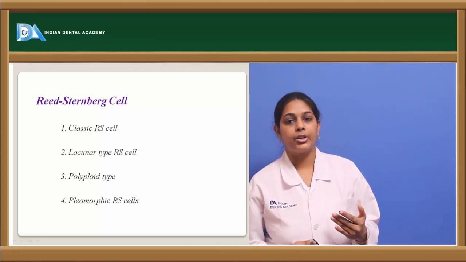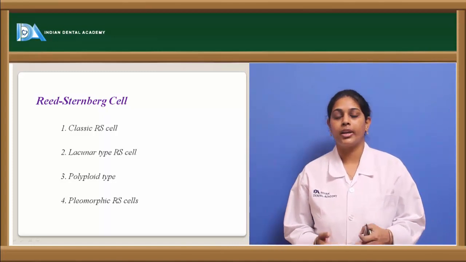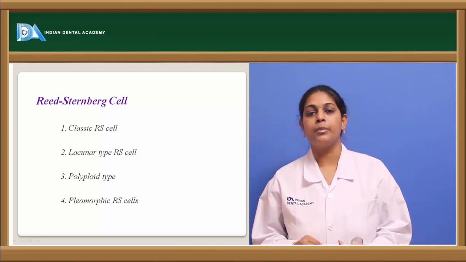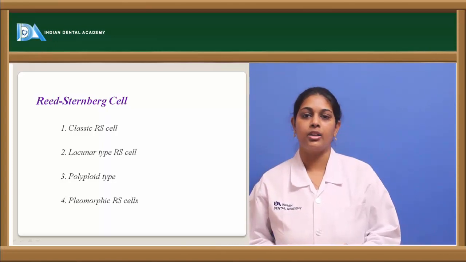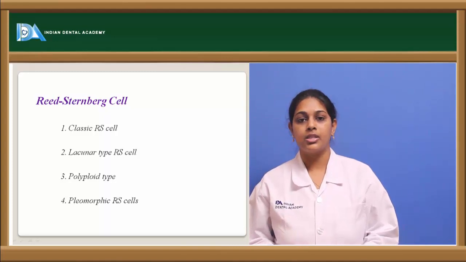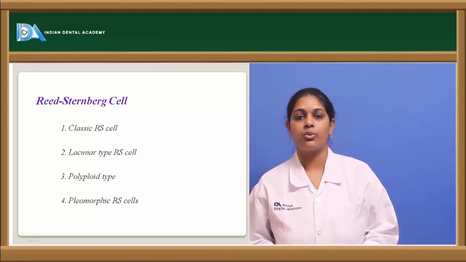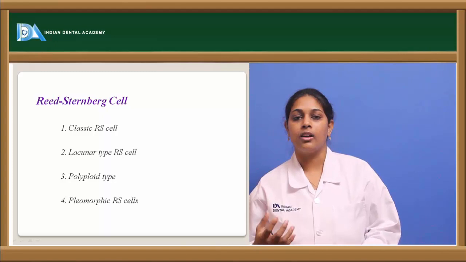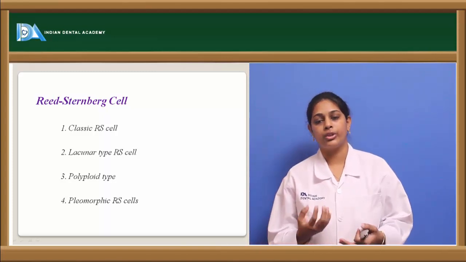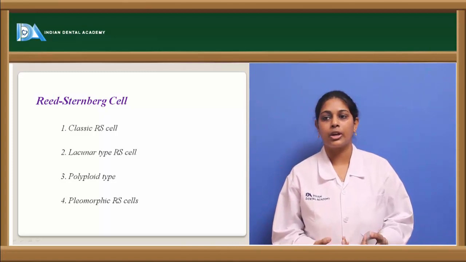The lacunar type of Reed-Sternberg cell is a variant similar to the classic cell, but here there is a perinuclear halo around the central nucleolus-like structure, so it appears suspended within a lacuna, hence the name lacunar type.